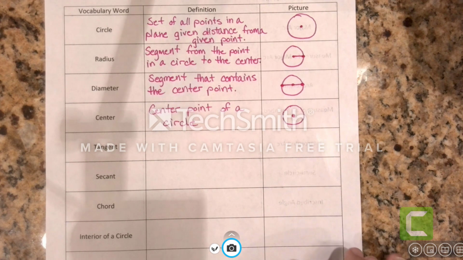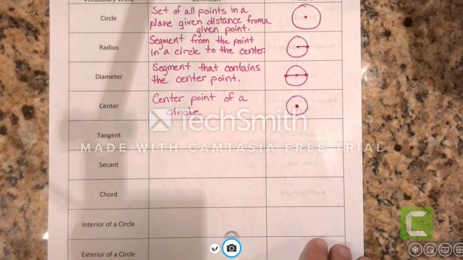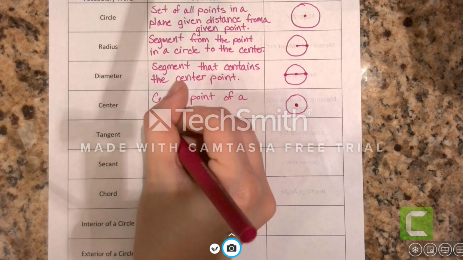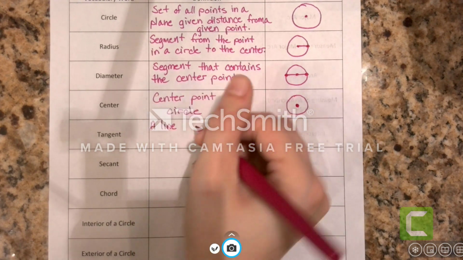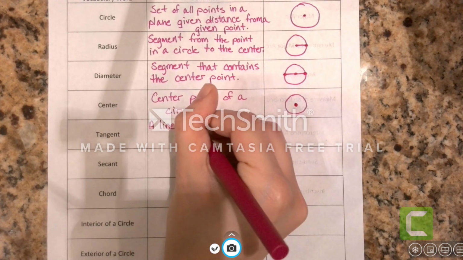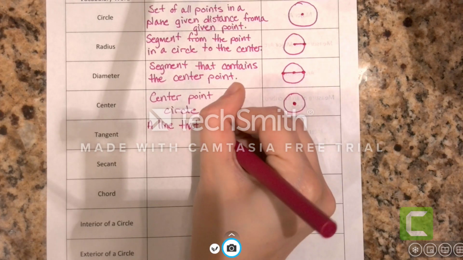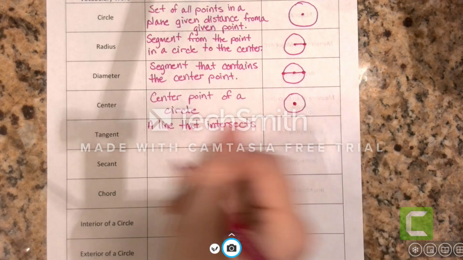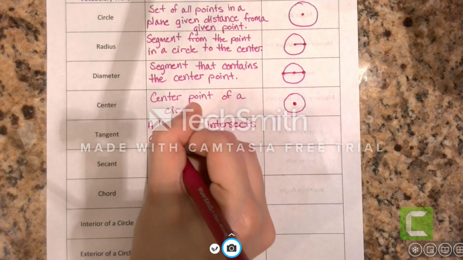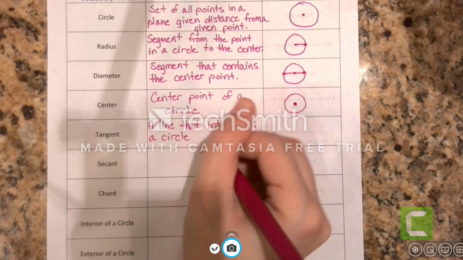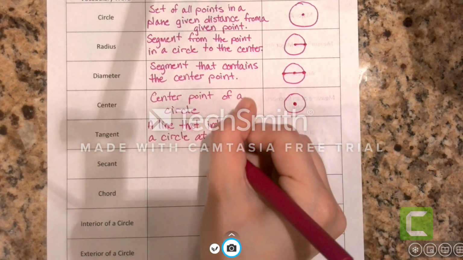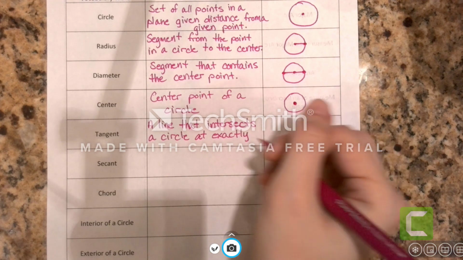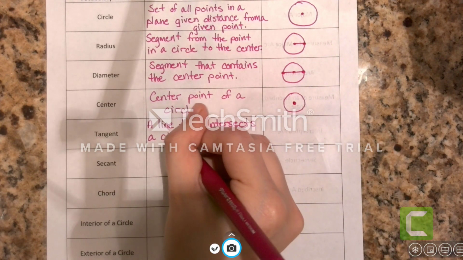Next, we have tangent. And the tangent is a line that intersects a circle at exactly one point. Exactly one point.